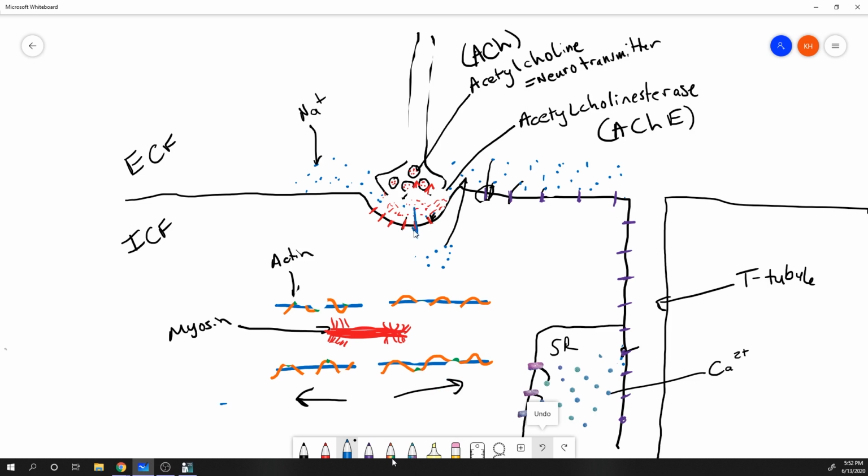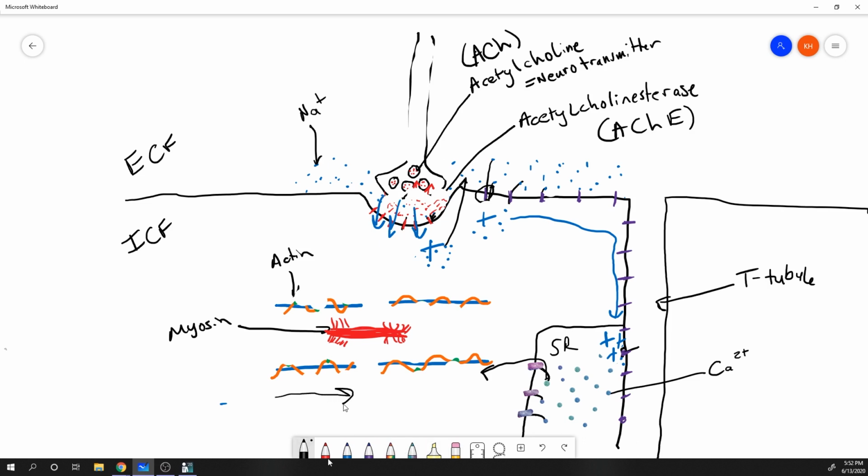This results in massive amounts of sodium pouring into the cell, which gives us a large electrical charge, which stimulates these voltage-gated sodium channels to allow sodium in, which passes that electrical charge along the membrane down the T-tubule, resulting in sodium flowing into the sarcoplasmic reticulum. This causes calcium to flow out near the sarcomeres, allowing the regulatory proteins to move out of the way and giving us sarcomere shortening so that we get contraction.